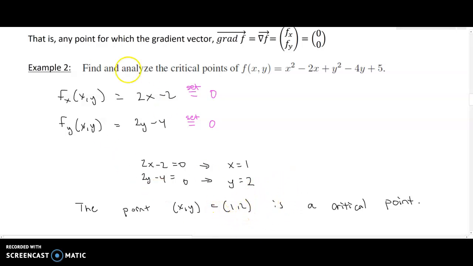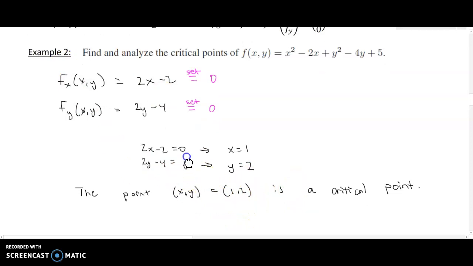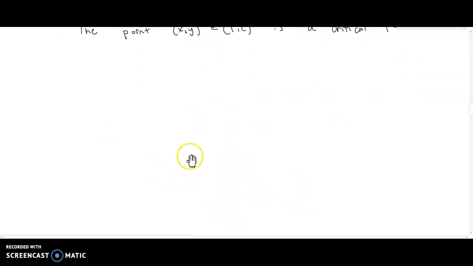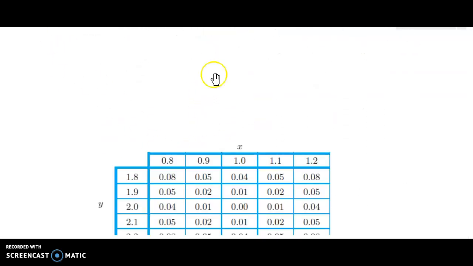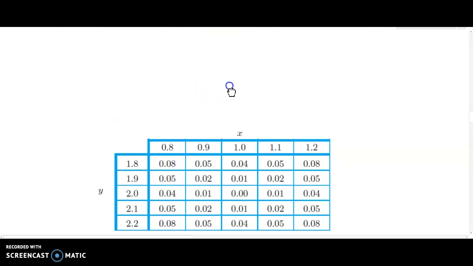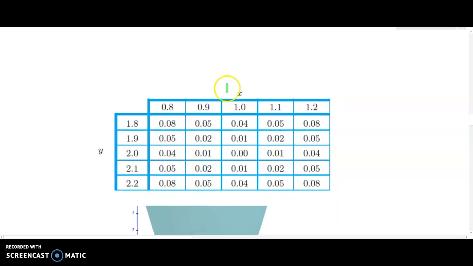Now, if we want to know whether this is a minimum, maximum, or neither, we can take a look at a table of values. So notice that in this table, sort of in the center of it all, that's where my x is 1 and my y is 2, my z is 0.